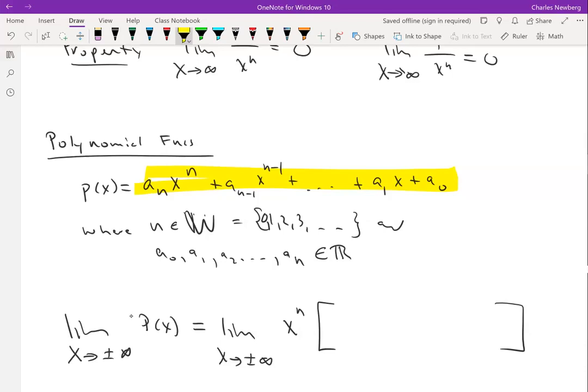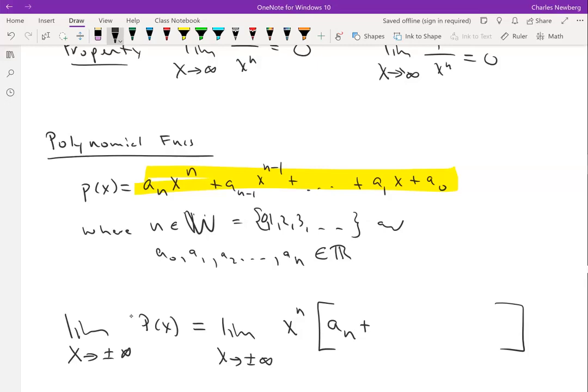When I factor out an x to the n from that term, what's going to get left is an a sub n. Now, when I factor out x to the n from the next term, I have n minus 1 of them, and I'm factoring out n of them, so I'm short 1.